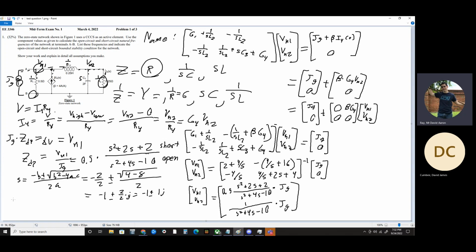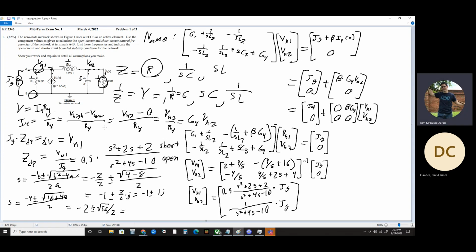frequencies. So now we need to solve for our open circuit frequencies. And that's going to equal negative 4 plus or minus square root of 16 minus 4AC. And so since it's negative 10, that's going to turn into plus 4 times 10. So that's going to be 40 over 2. And that's going to equal negative 2 plus or minus square root of 56 divided by 2.